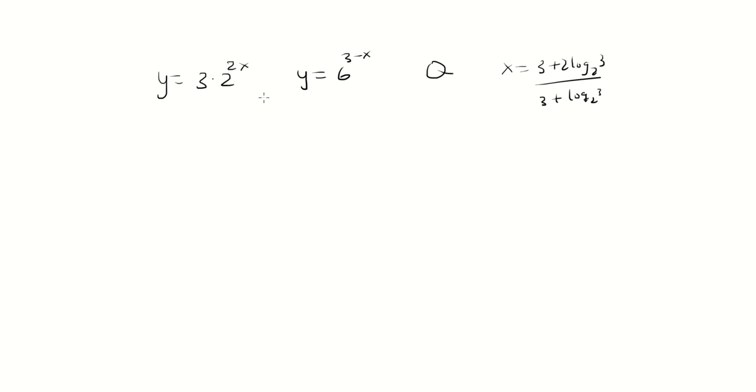So let's set these two equal to each other. And in order to solve for x, we want to take the log of both sides. And actually we're going to take the log base 2 here because the base here is 2, so it just makes the math easier.